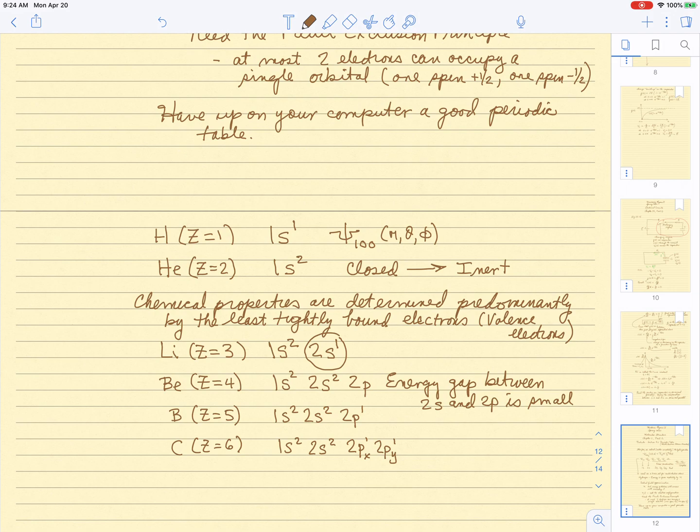The reason is that electrons occupying 2 separate orbitals are slightly farther apart than when they're occupying the same orbital, and so their electrostatic repulsion is reduced by putting electrons into separate orbitals first before pairing up. That is known as Hund's rule, and we'll see some other examples of that as we move along.